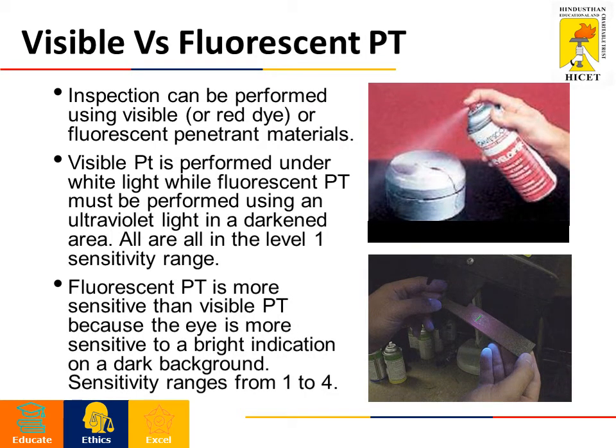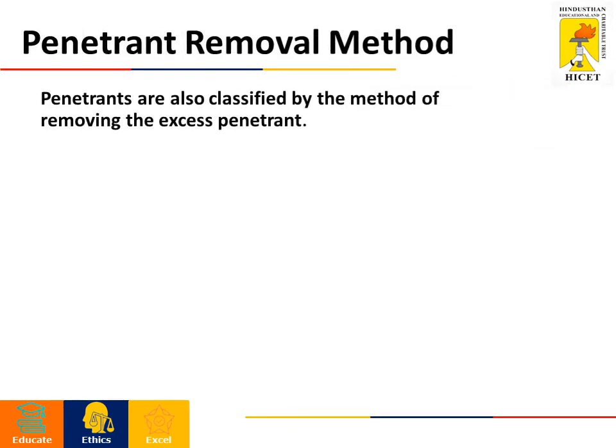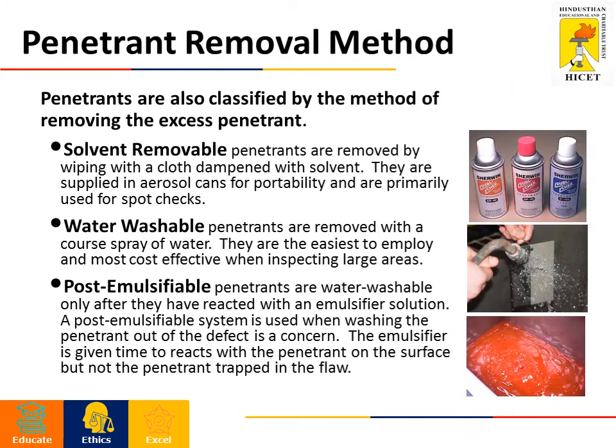The inspection can be performed using visible or fluorescent penetrant materials. Visible is performed under white light, fluorescent under ultraviolet light. Penetrant removal methods: solvent removable, water washable, post emulsifiable. These are the methods to remove the excess penetrant.